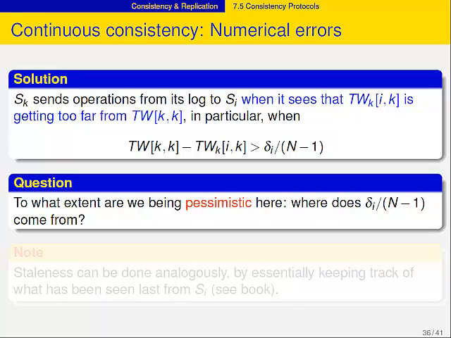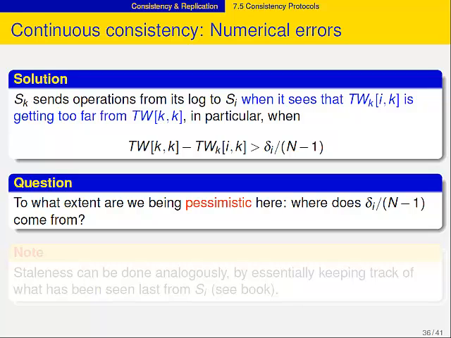So what you do is you are pessimistic because you don't know what these other servers are doing. You know that if you start propagating updates when the deviation is only delta over n, which is much smaller, and every other server will do that as well, then the total aggregated deviation will never be more than delta. And in that sense, it's indeed pessimistic. Is that clear to everyone?